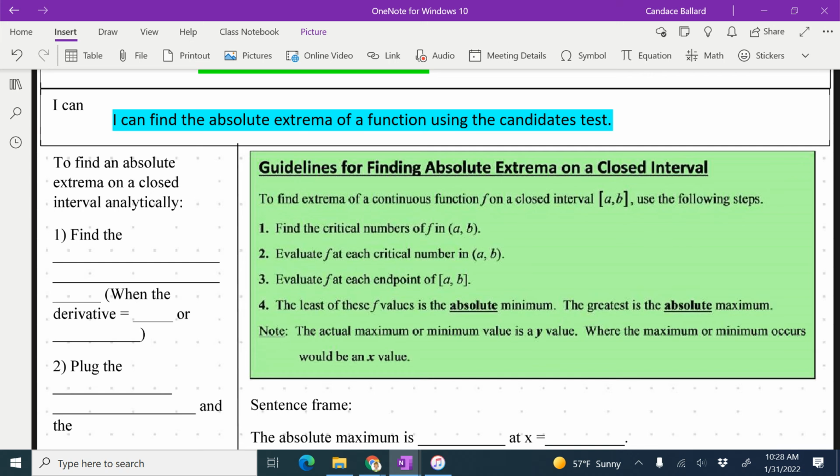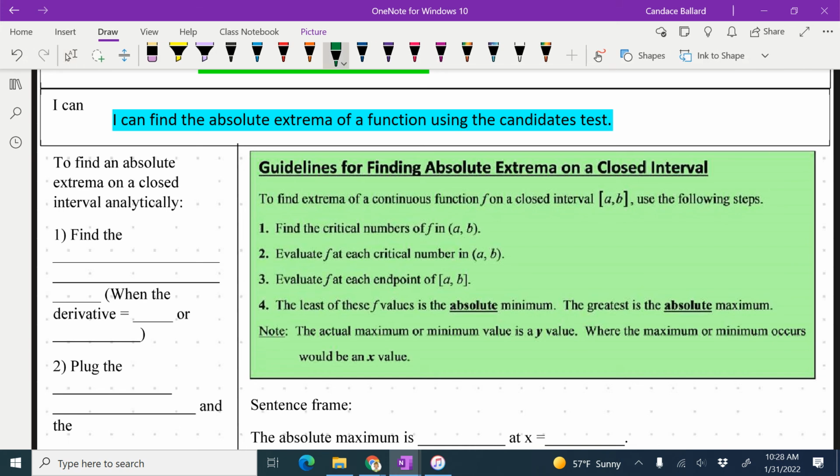Okay, so I'm going to give you about 2 minutes. I want you to read through this green table. Everybody read through that table on your own real quick. Take 2 minutes and do it.